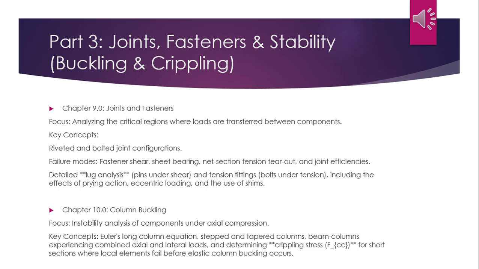You can see the failure modes: fastener shear, sheet bearing, net section tension, tear out, and joint offsets. Detailed lug analysis, like pins under shear and tension fittings, bolts under tension, including the effects of prying action, eccentric loading, and the use of shims.